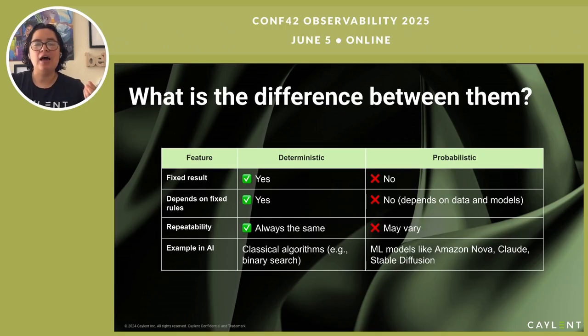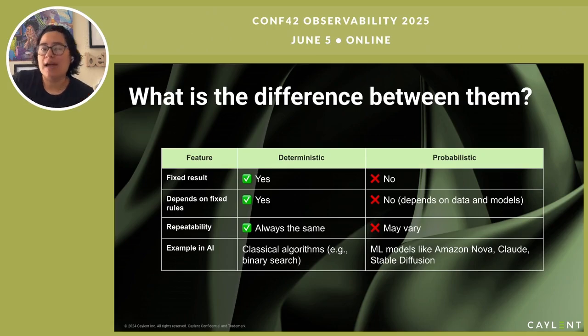So now I have a new variable that I need to consider. What model do I need in my business to actually get the output that I need, right? And it may vary each time that I ask the same question. If I have 100 users and I send the same question, I'm not always going to get the same answer.